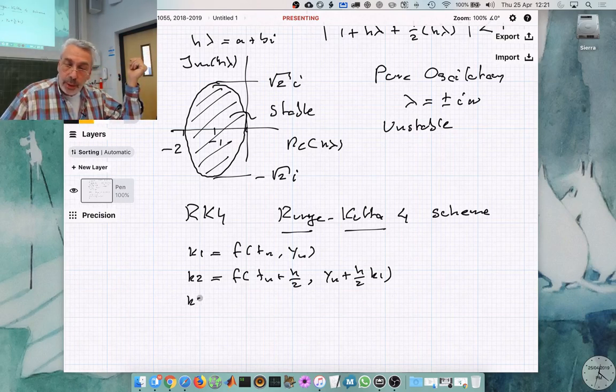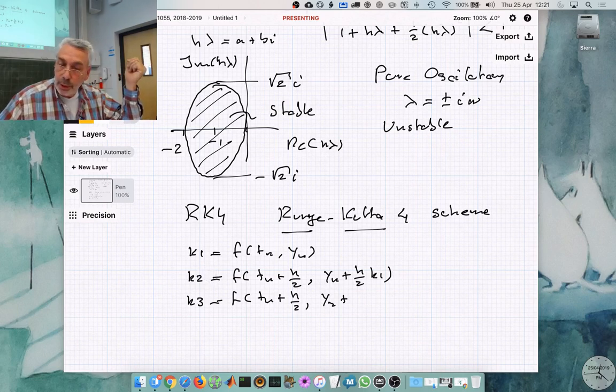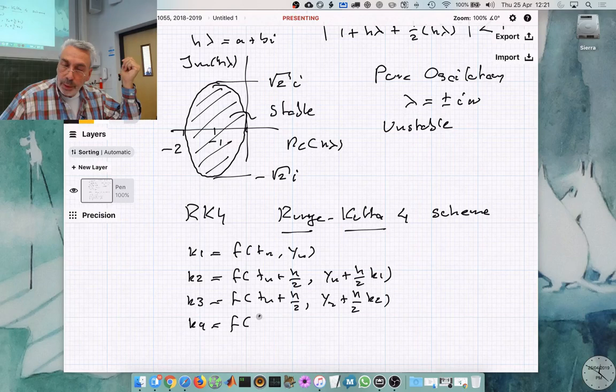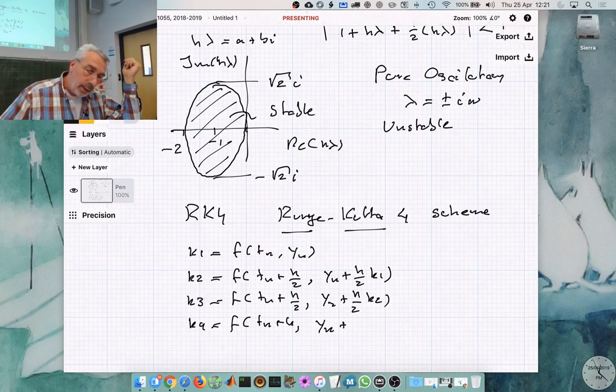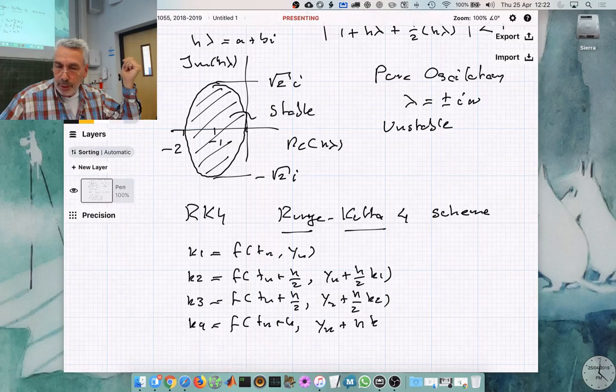And then we calculate again halfway what the derivative is. But now, instead of using k1, we use this better approximation, k2, h over 2 k2. And then finally, a fourth derivative. That's exactly at the end point. And then we estimate the end point. Well, we take the best derivative we can find, k3 times h.